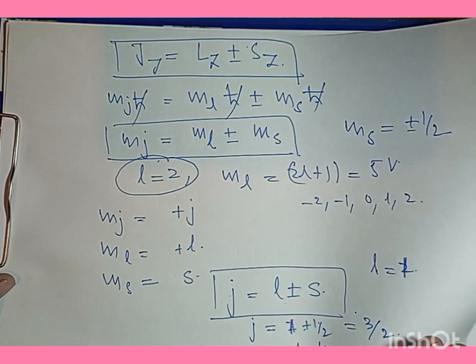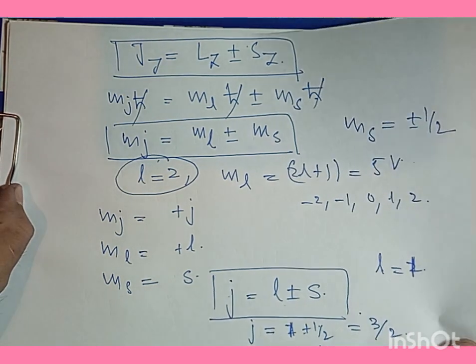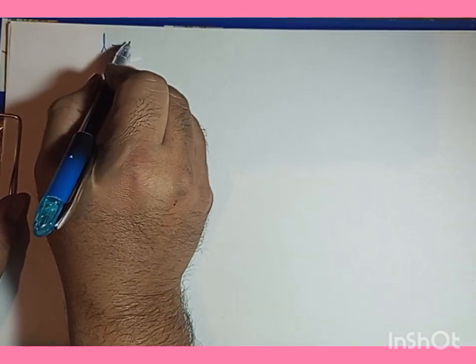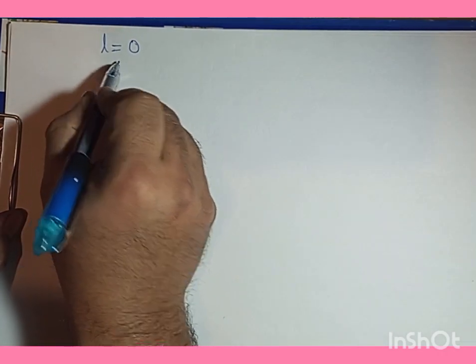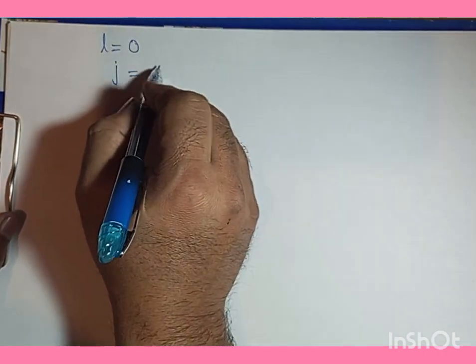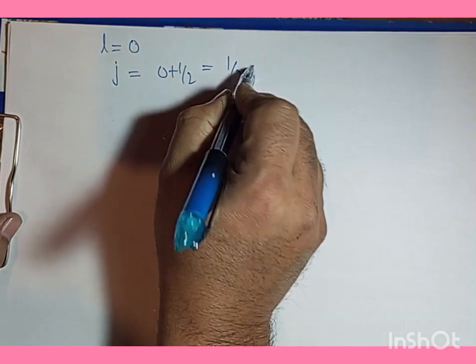So this is how we can add the quantum numbers to get the total value for j. Now, if I take another example, say for l equal to 0, then j in one case will be 0 plus 1 by 2, so this will give me 1 by 2.